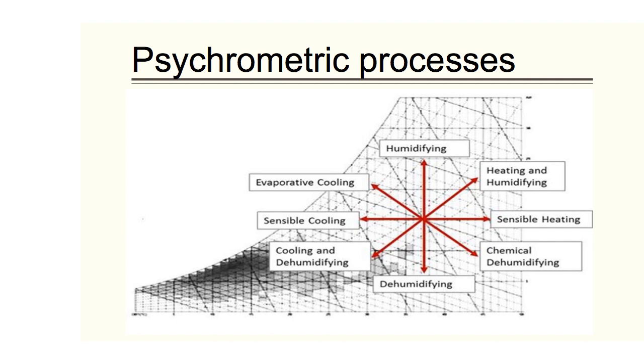Here are the different psychrometric processes. Here we have temperature lines, and these are the humidity ratio lines, and this is the saturated line, right? So when we go to higher temperature without any change in humidity, we find that only the temperature is changing, so it is denoted as sensible heating.